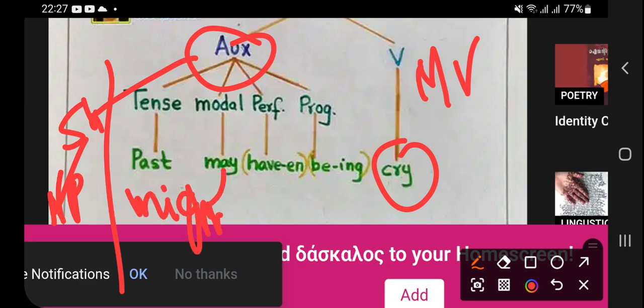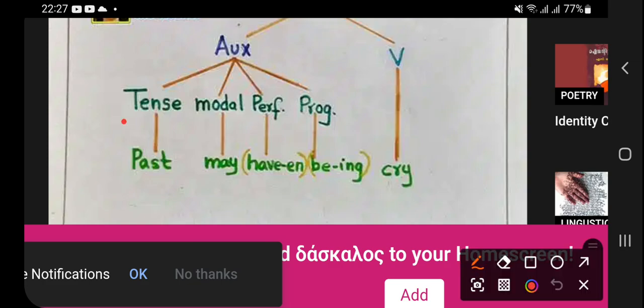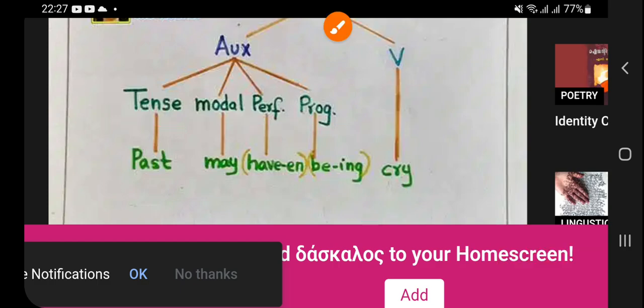Have been is have and the en, crying is the ing form. This is how it is denoted. Please learn it. So you have to write tense, modal may, and tense is past. Then have been, that is perfect. Progressive, that's crying, ing.